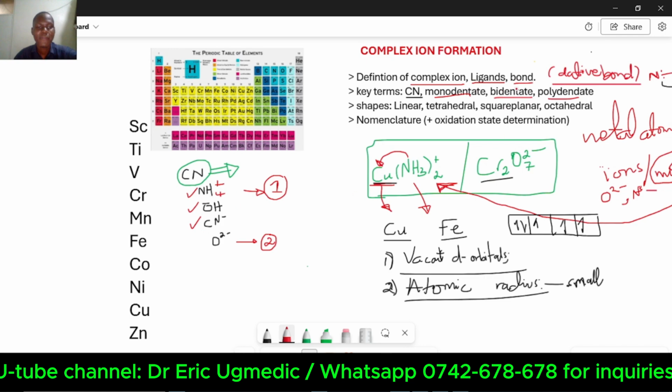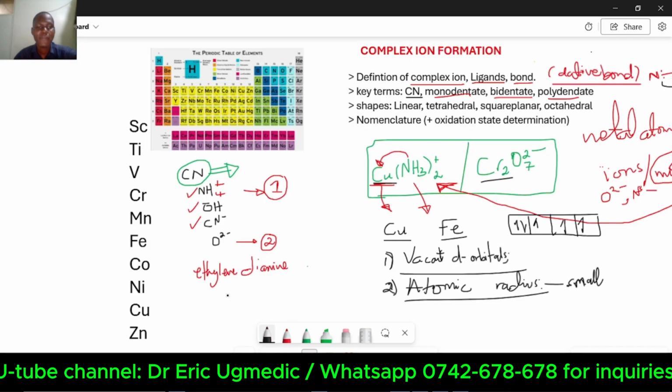Then if we talk about the bidentates, the common example used here is ethylene diamine. Ethylene diamine. How do we write that?